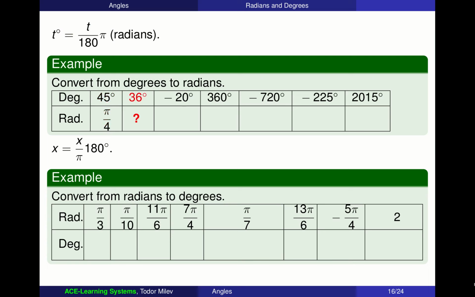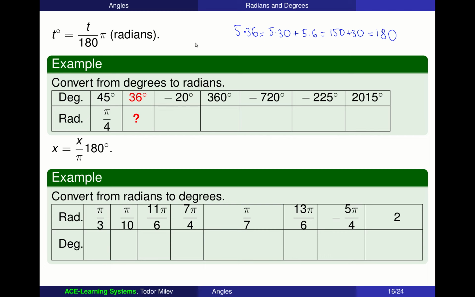So 36 degrees. How many radians are 36 degrees equal to? I'm sure you guessed it correctly. 36 degrees are exactly 1/5 of 180 degrees, right? If I take 5 and multiply it by 36, I'm getting 5 times 30 plus 5 times 6, so 150 plus 30, which is 180.